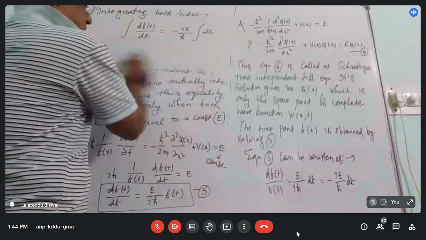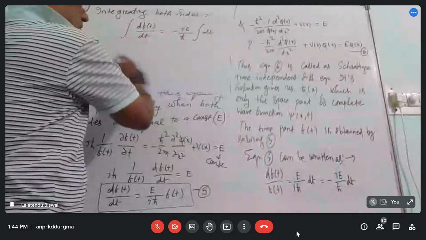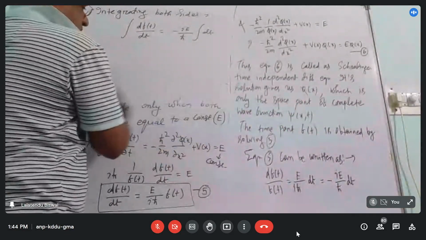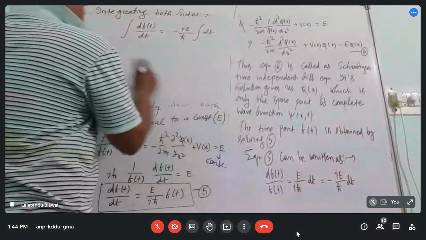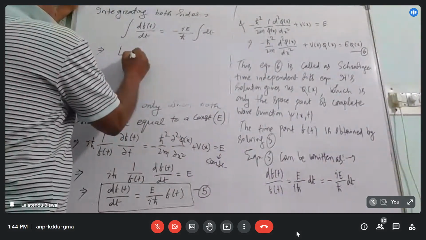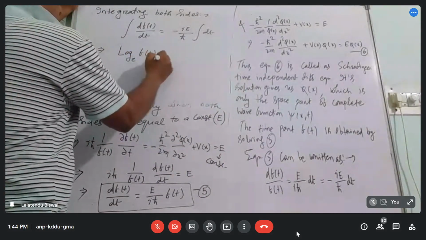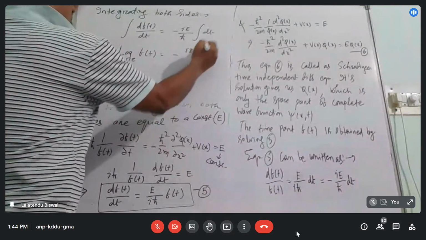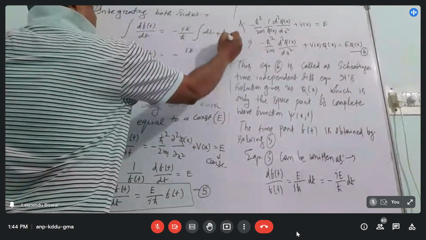Now you know LHS is nothing but the logarithm of Ft. You know how to integrate such integrations. So this gives you log e Ft minus i by ħ E t. Of course, here you can take a constant.